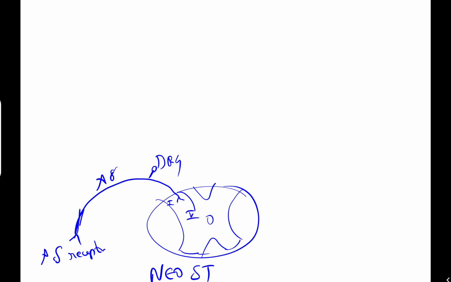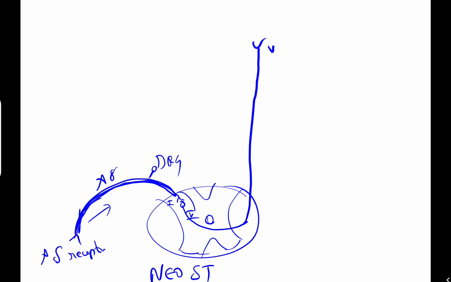Remember, because this pathway is thick, the diameter of this nerve fiber is thicker, so the velocity of conduction is also very fast here. The second order neuron starts from the spinal cord, crosses to the opposite side in front of the central canal of the spinal cord, and goes specifically to the VPL nuclei of the thalamus. From there, the third order neuron starts from the thalamus VPL nuclei and goes to area number 3, 1, 2 of the parietal cortex.